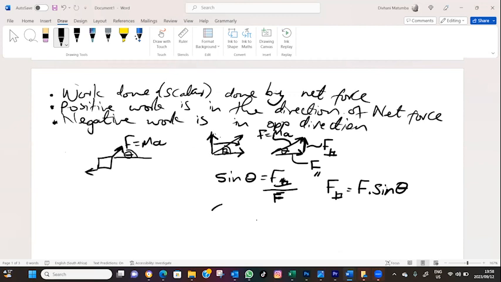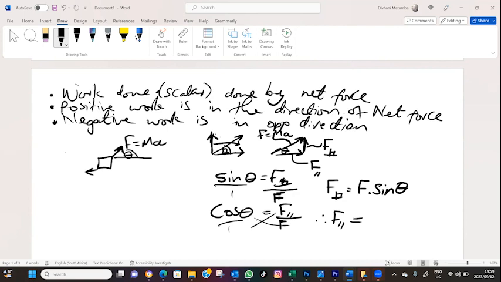Now, the other thing that we know is that cos of theta is the adjacent, which is your F parallel over F. So your F parallel is given by, cross multiply. The very same thing that we did here, we will cross multiply.